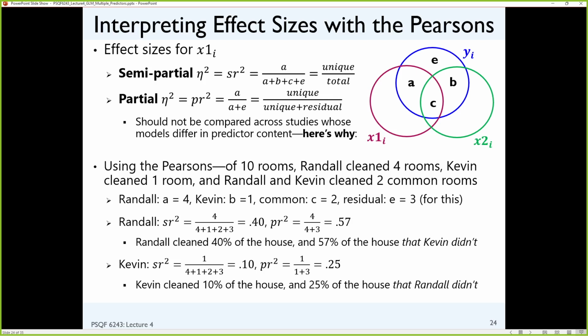This is where you have to say which kinds you have, and I don't think it hurts anything to give people both, as long as you clearly label what it is. If you're trying to compare findings across studies, semi-partial eta squared is going to be more comparable because it's out of the same baseline, regardless of how many other covariates they threw into the model. Whereas partial eta squared is a sliding scale based on how much is left to be residual relative to how many other things they put in the model to try and get the R squared up.